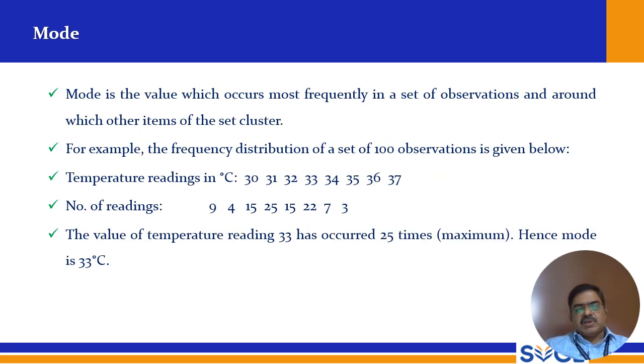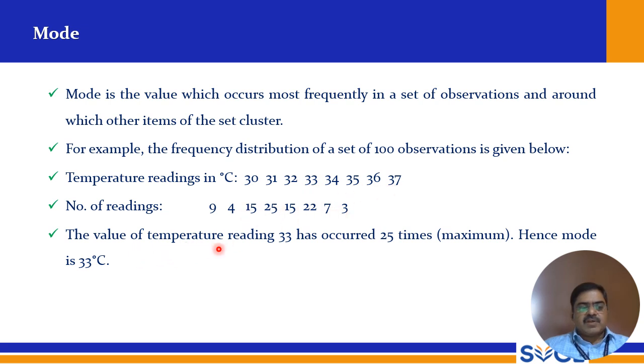Mode. Mode is the value which occurs most frequently in a set of observations and around which other items of the set cluster. For example, the frequency distribution of a set of 100 observations is given below, with the temperatures and the number of readings.